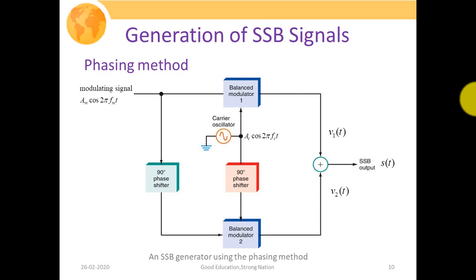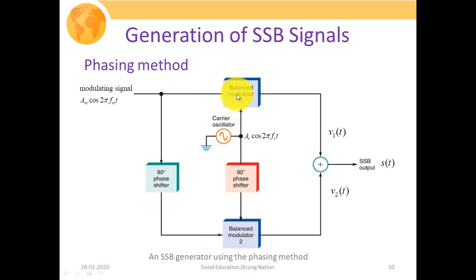Now, the second method for generating the SSB-SC signal is the phasing method. This figure shows the block structure of how we are going to generate the SSB-SC signal with the help of the phasing method. Construction wise, it contains basically two modulators: balance modulator 1 and balance modulator 2.